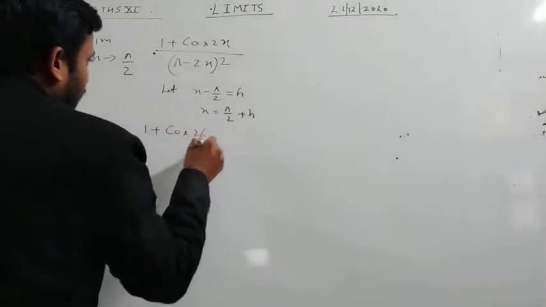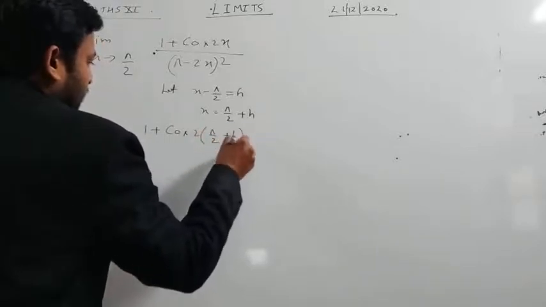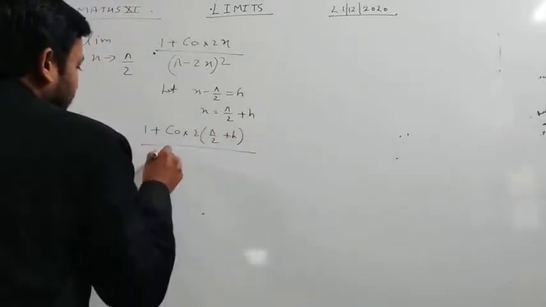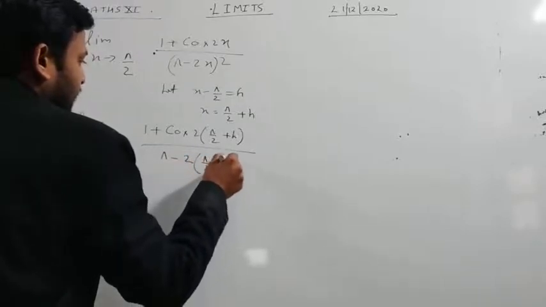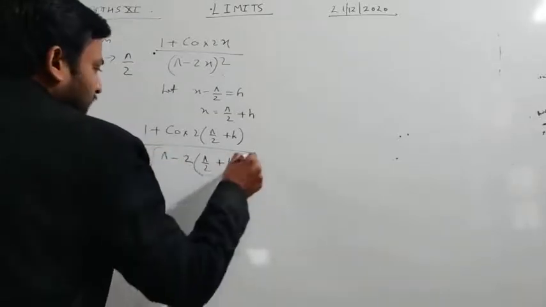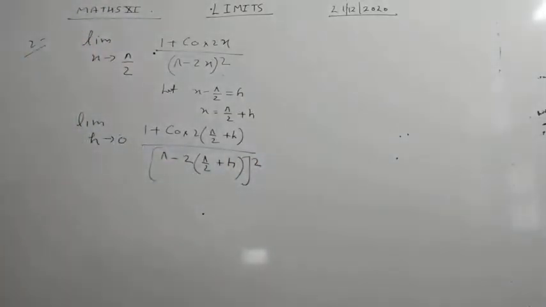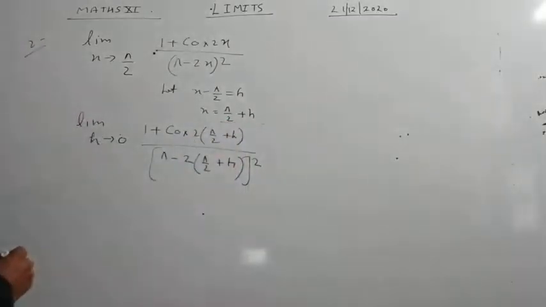1 plus cos 2x, where x is pi by 2 plus h, and here we change it to pi minus 2x, where x is pi by 2 plus h, and the whole square. At the place of x we have put pi by 2 plus h.